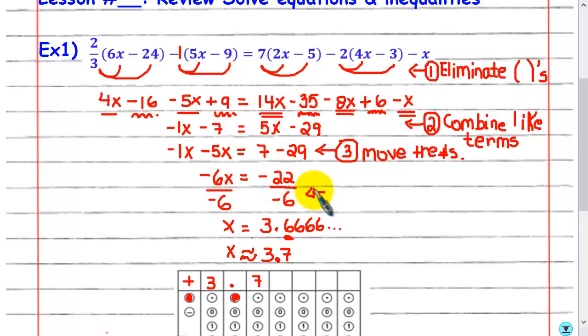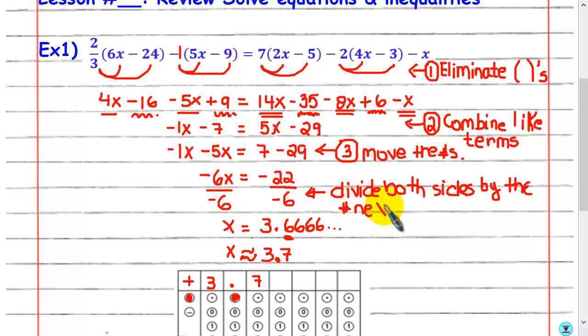And then the next step was to divide both sides by the number next to x.